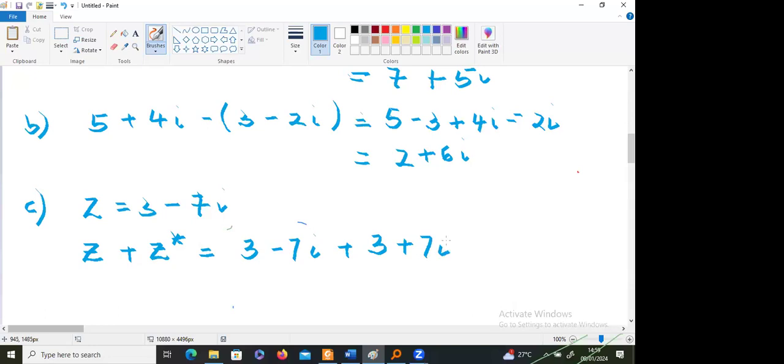And we have already said this is going to be wholly real. And someone is telling me that it is a beautiful 6. That 6 is real.